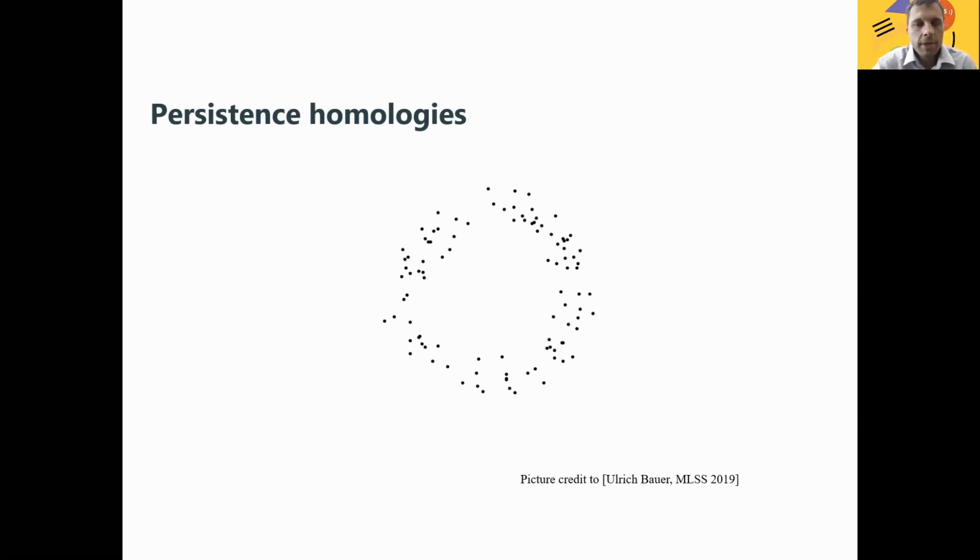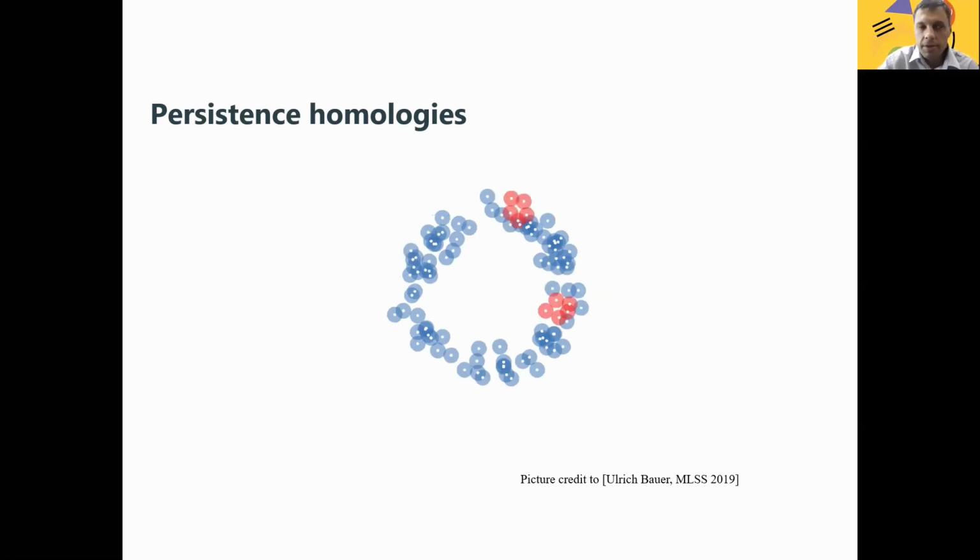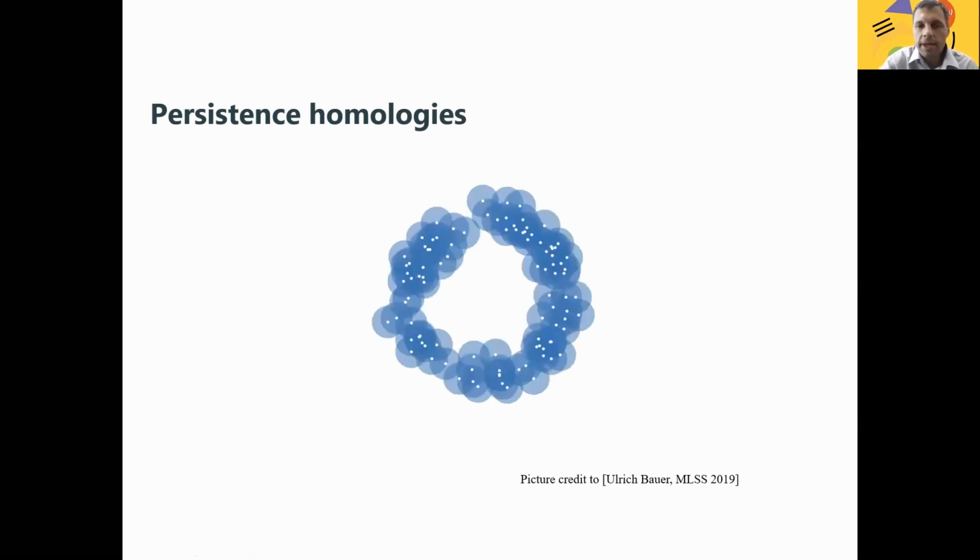Okay, returning to this example with Dunkin' Donuts, these are our points sampled on the surface of the Dunkin' Donut. And if we put spheres in each of these points, then we see that, if the radius of the spheres is small, they are not connected, and we get some cycles here and, for example, here. But if we increase the radius of the spheres, then these cycles disappear.